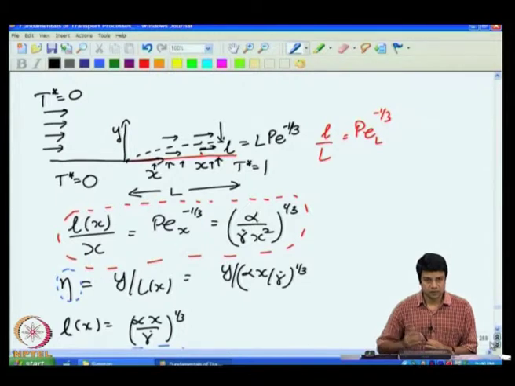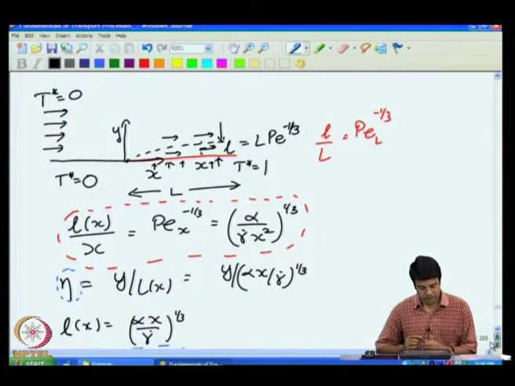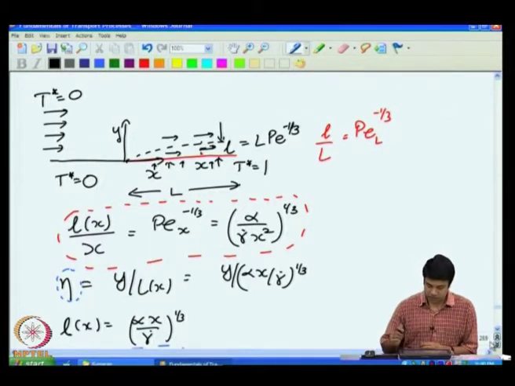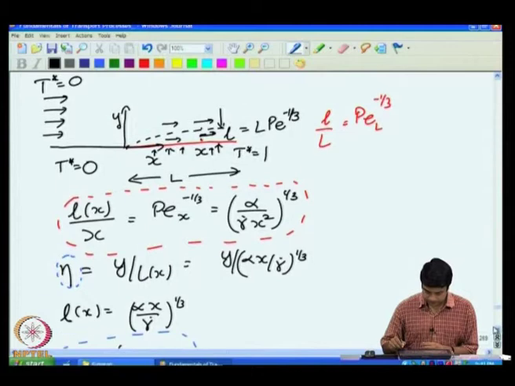So, the length scale at a given distance x can depend only upon x itself, and from that we got a similarity variable y by l of x, which is y by (alpha x by gamma dot) power 1/3. That means that the boundary layer thickness at a distance x from the upstream section goes as x power 1/3. It is increasing as the 1/3 power of the distance.